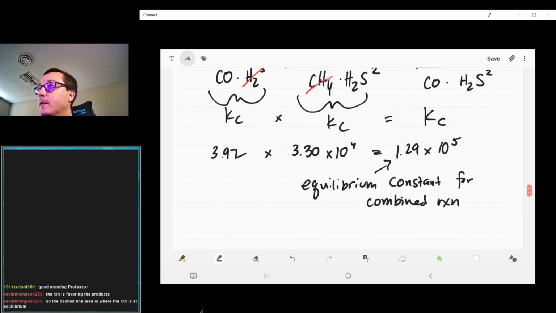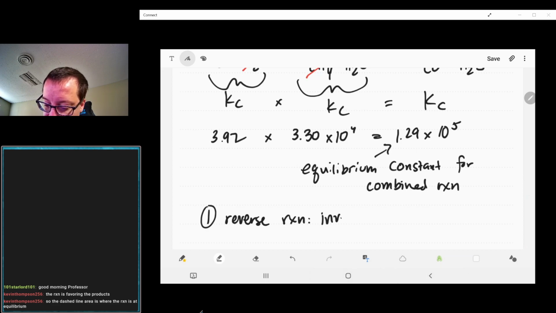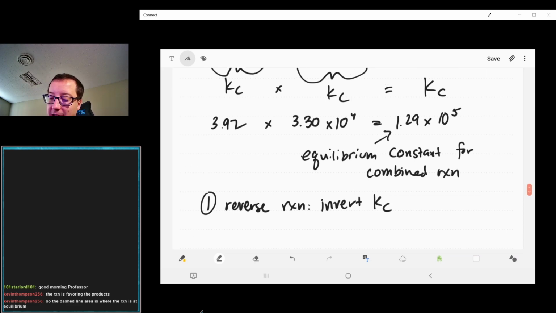Alrighty. So the things that we can do with equilibrium constants: if you reverse your reaction, you will invert your equilibrium constant. So if you just switch your reaction around, you get 1 over Kc.